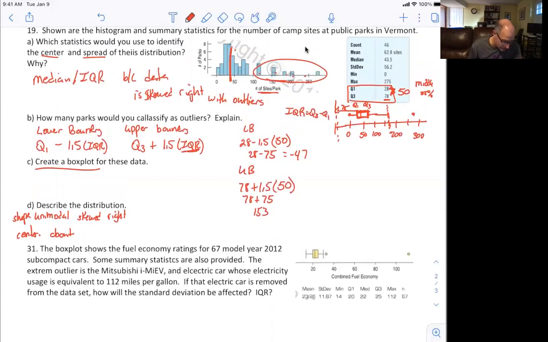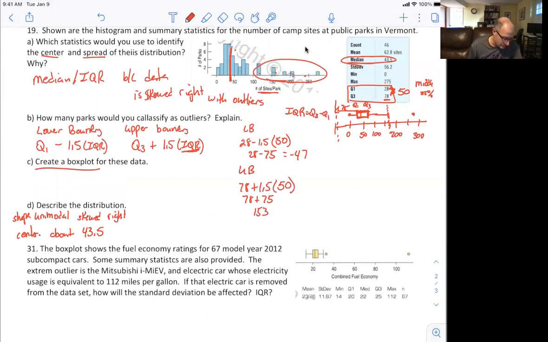For some reason, in my notes, I have 43.5 sites. Oh, I know why. Because it is skewed, we're going to go off my median. My median is 43.5. I don't think there's such a thing as a COVID fog, but I'm beginning to realize maybe there is. My brain is just not firing on all cylinders.